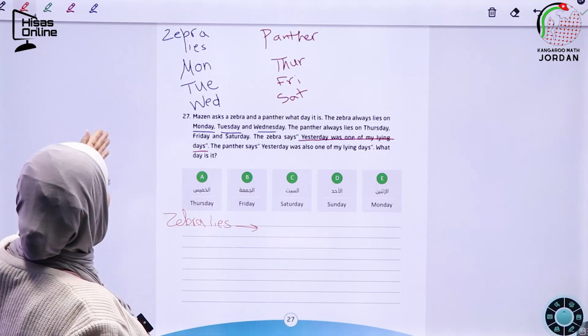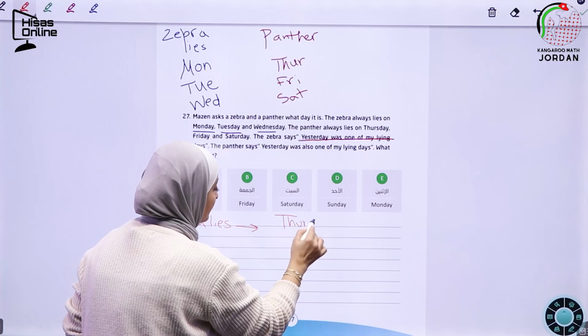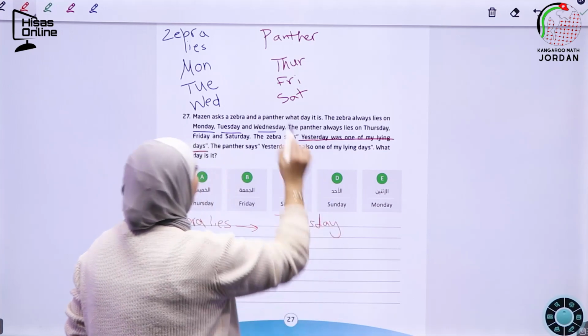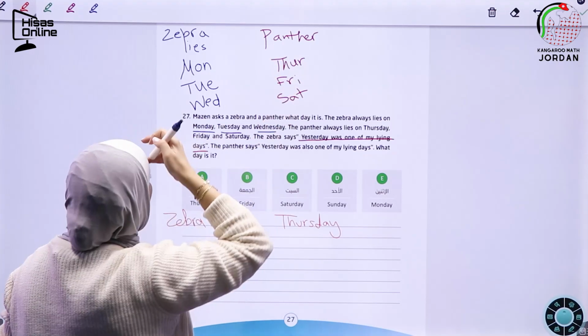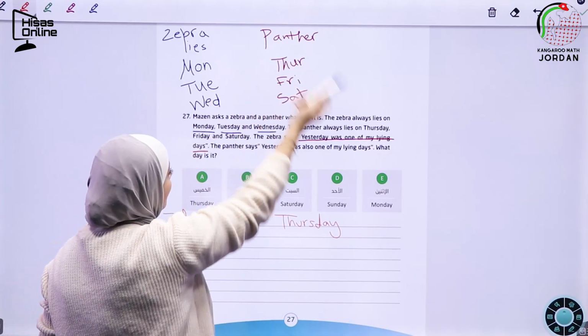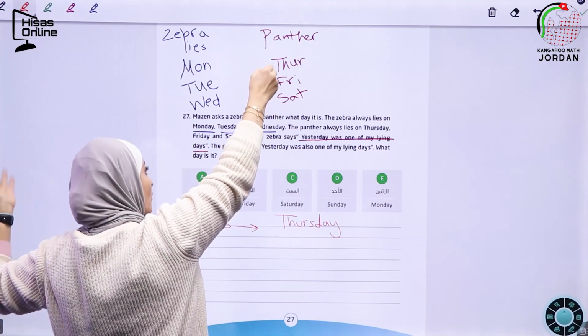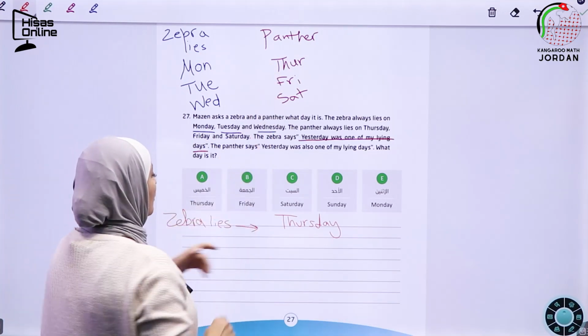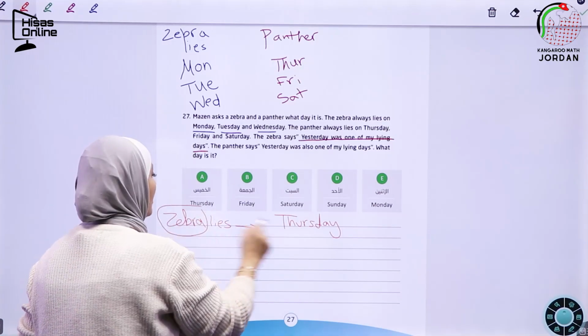So one of her truth days could be Thursday, because if I took Friday, the previous day was also a truth day, and so on. So my only option for the lying part for the zebra is Thursday.